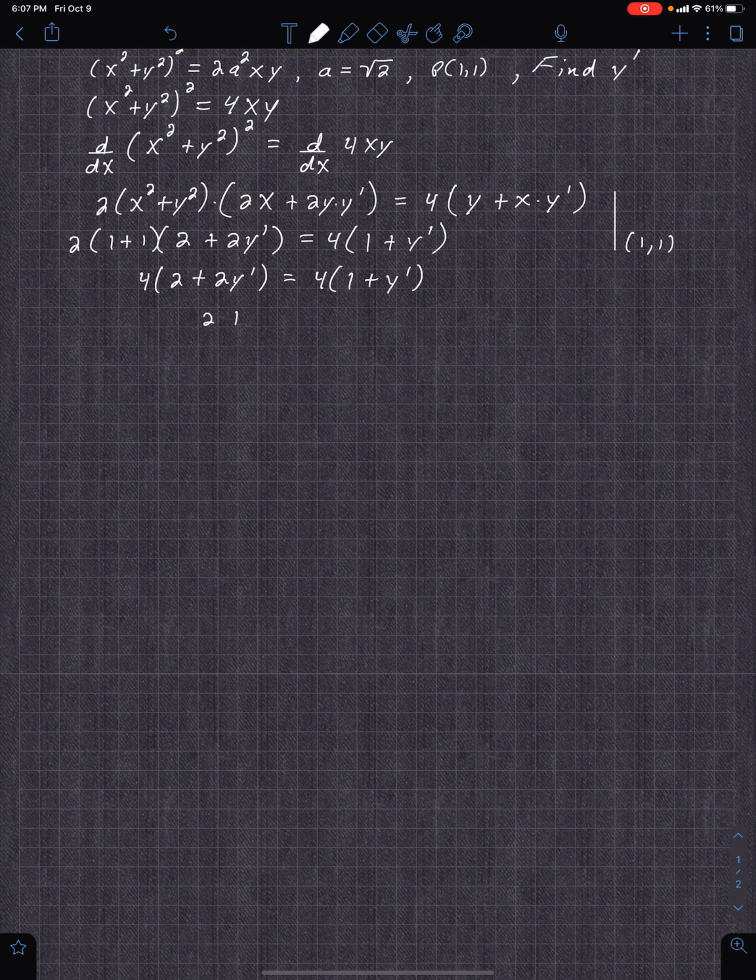So you just have 2 plus 2y prime equal to 1 plus y prime. And so we subtract y prime on both sides, so y prime is equal to -1. So here our solution is -1.